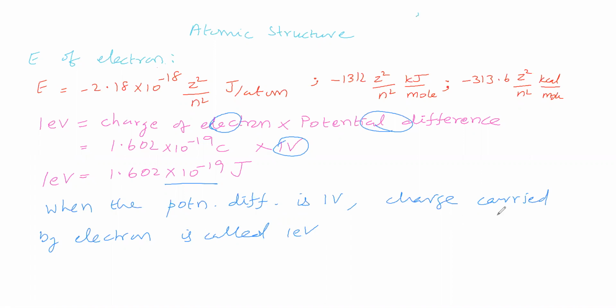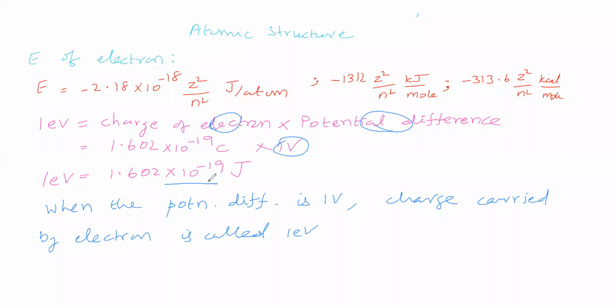Charge carried in the sense work is done. How much work? This much work is done, and this much work is called electron volt. So 1 electron volt is equal to 1.602 into 10 power minus 19 joule.